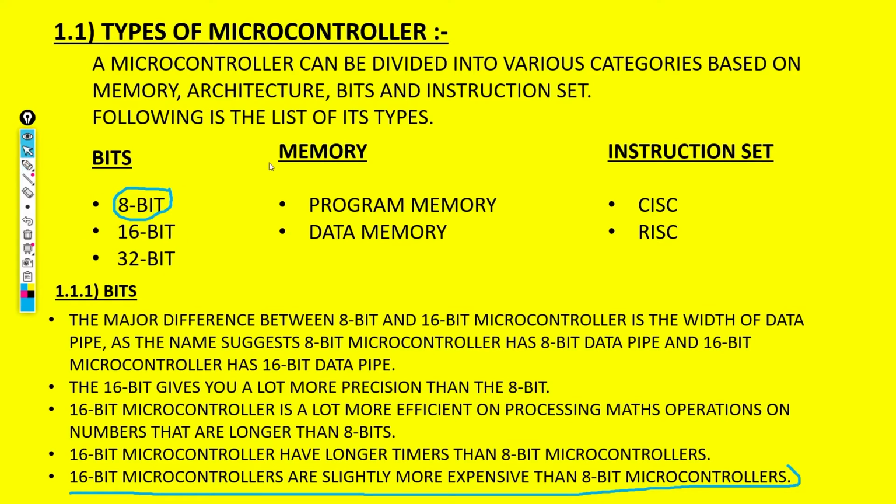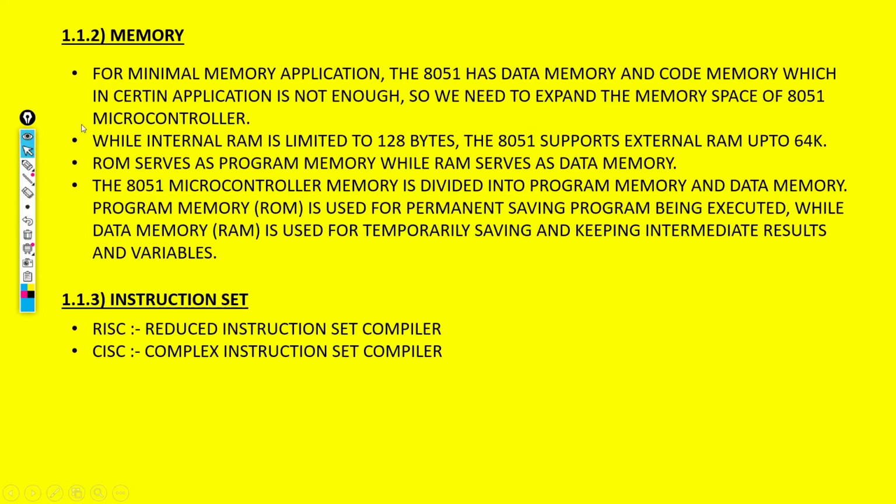Now let's see about memory. Microcontrollers are also divided based upon memory. As I told you, memory was of two types: data memory and program memory. For minimal memory applications, the 8051 has data memory and code memory, also known as program memory, which in certain applications is not enough.